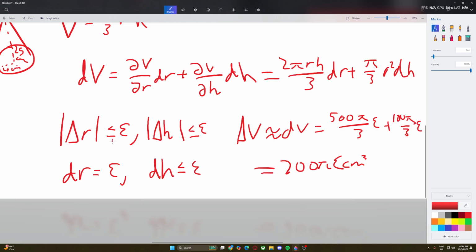So the greatest value I have is epsilon, where epsilon is a small number. The reason why dr and dh are the maximum, I have no clue.